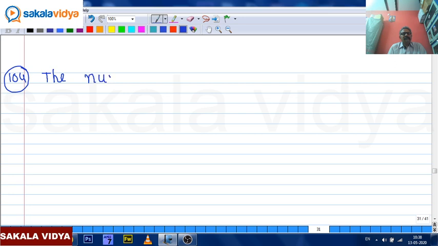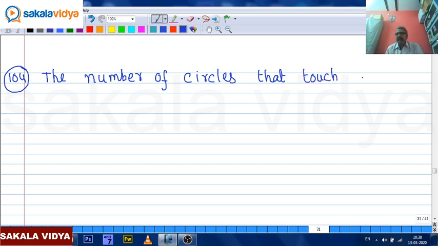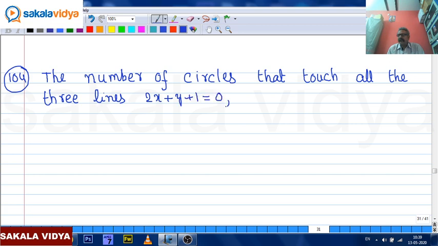The number of circles that touch all the 3 lines, 2x plus y plus 1 equals 0, 2x plus y minus 5 equals 0, 2x plus y minus 8 equals 0.